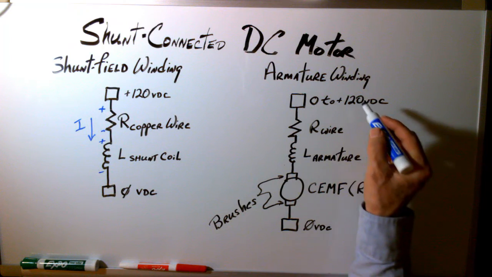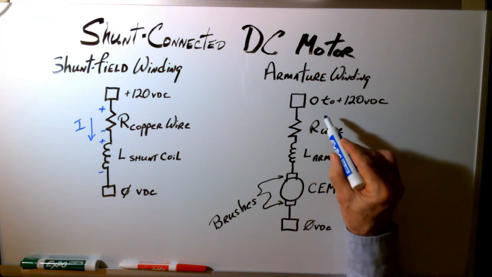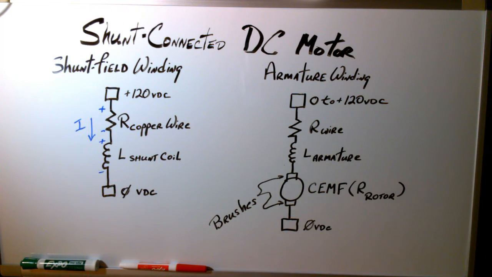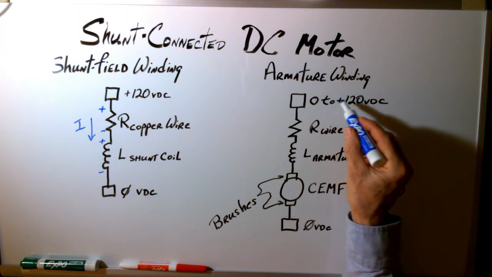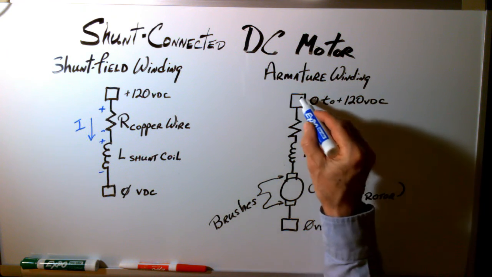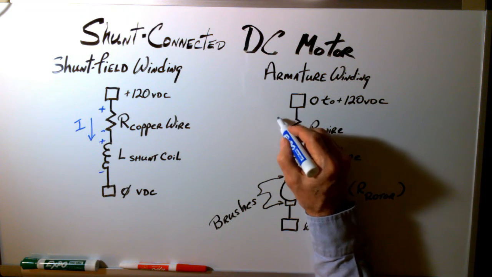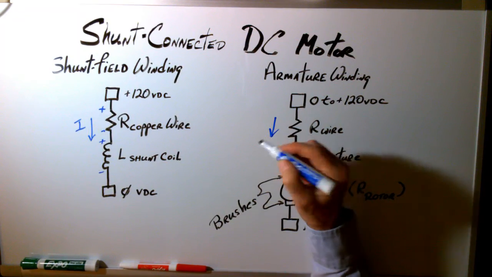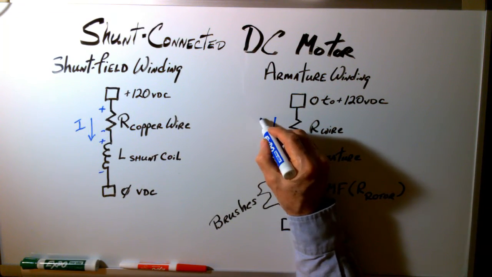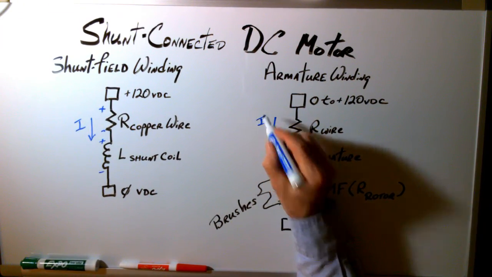If the inductor has any effect at all, it'll be positive on the top, negative on the bottom, and that's fine. And over here in the armature, we've got a variable voltage because we want to be able to vary the speed. So we're varying the speed from 0 volts to positive 120 volts up here at the top. And again, I'm going to let my current flow downward. I do this for convenience, and we can talk about this in a later course.